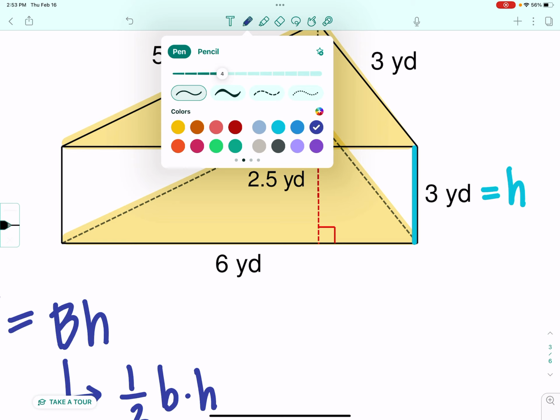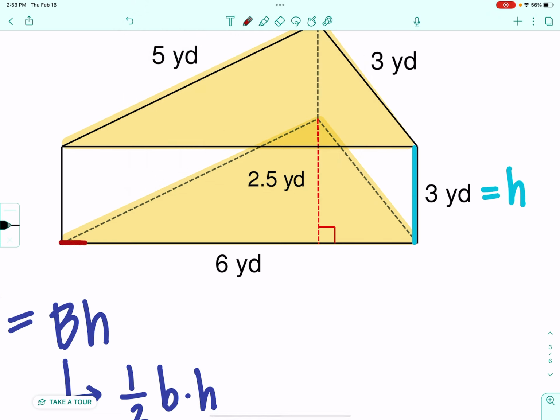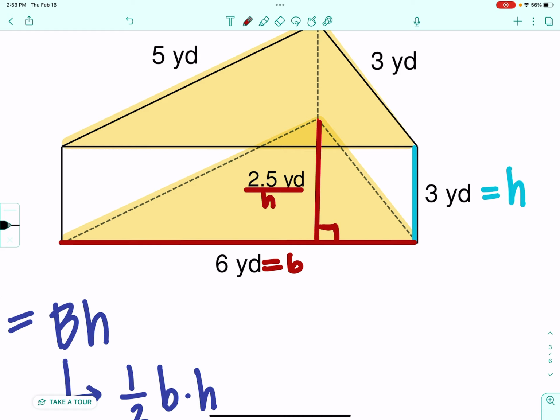In my triangle, remember the base and the height for the triangle will always be perpendicular to each other. Here's my little right angle symbol telling me those two lines are perpendicular. That tells me that 6 yards is the base and 2.5 yards is the height of the triangle.